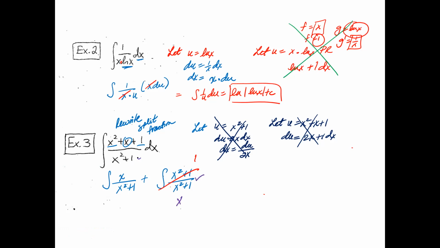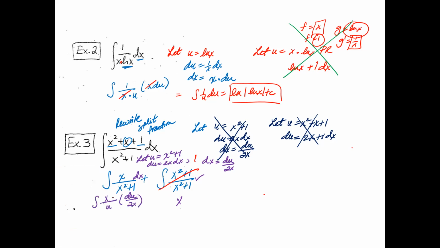But with this one, you're going to do a u sub. So let u be x squared plus 1. du is 2x dx, and dx is equal to du over 2x. So the integral of x over u, sorry, I forgot the dx right there. Replace the dx with a du over 2x.